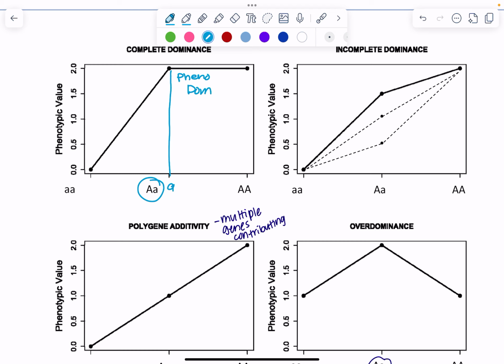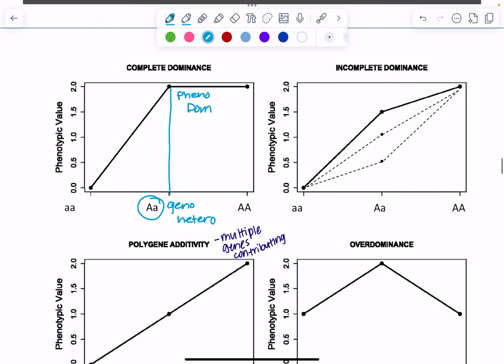With incomplete dominance, you get this range. So just because you're here doesn't mean you just get dominant alleles or the dominant phenotype. You could get any variation of these.